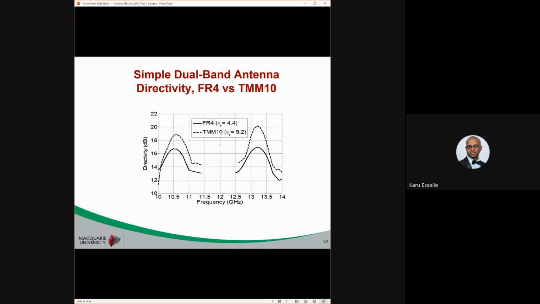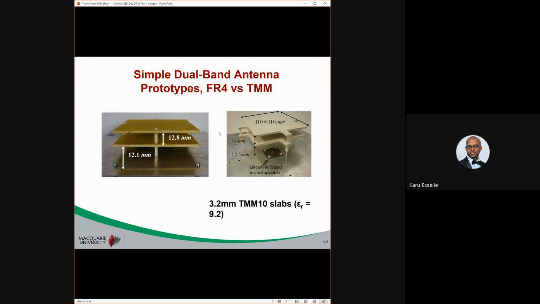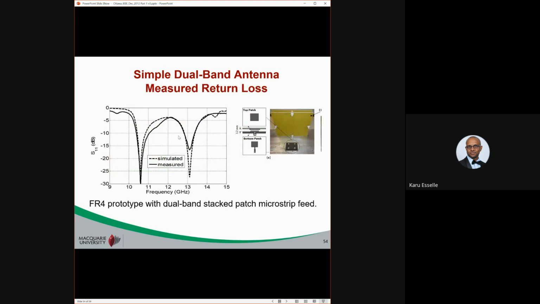TMM10 has very small loss, almost negligible. So this is a comparison between high TMM10 and FR4 designs.